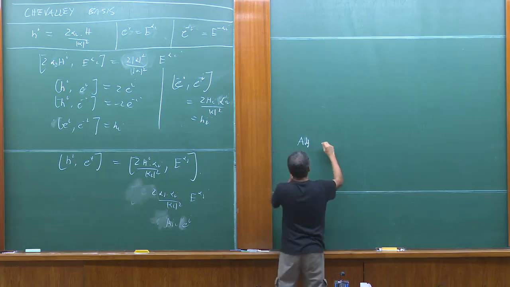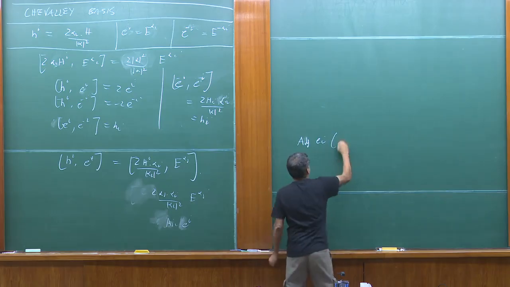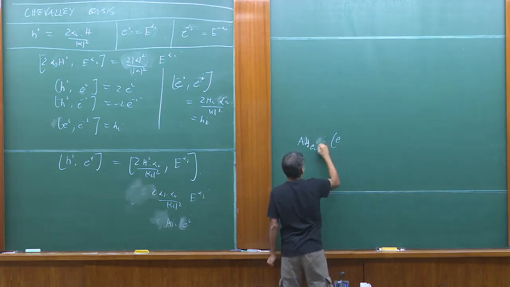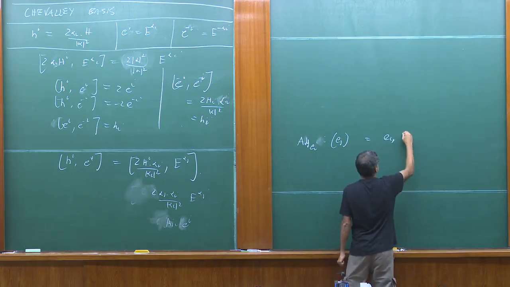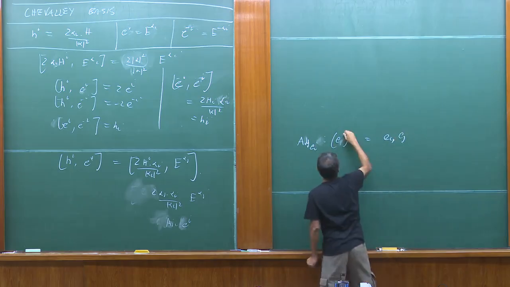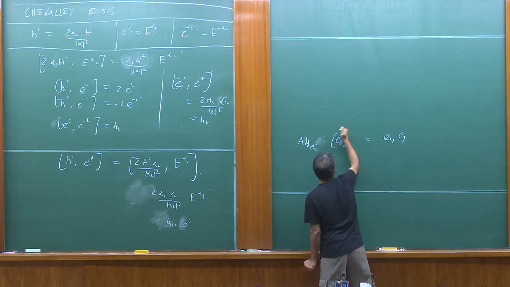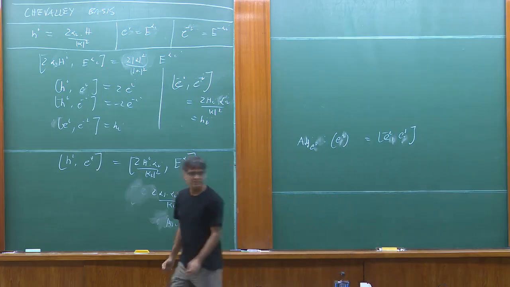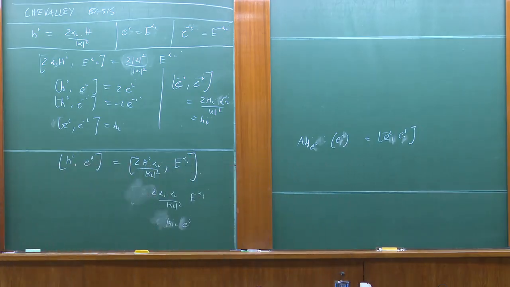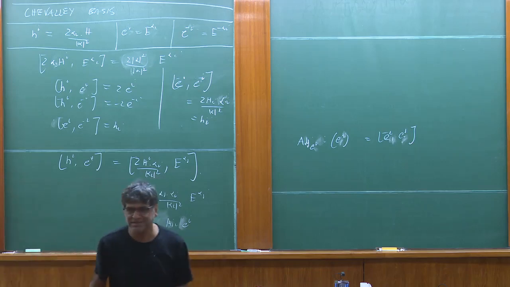Suppose I define the adjoint action of E_I on E_J to be the commutator of E_I and E_J. It's the action of E_I on E_J in the natural way in the adjoint representation.